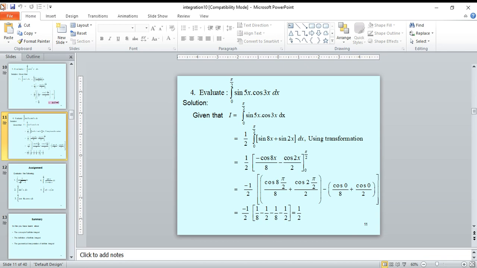The formula is cos n pi equals minus 1 power n. That is cos 4 pi, which means minus 1 power 4, and minus 1 power 4 is plus 1, that is 1 by 8.